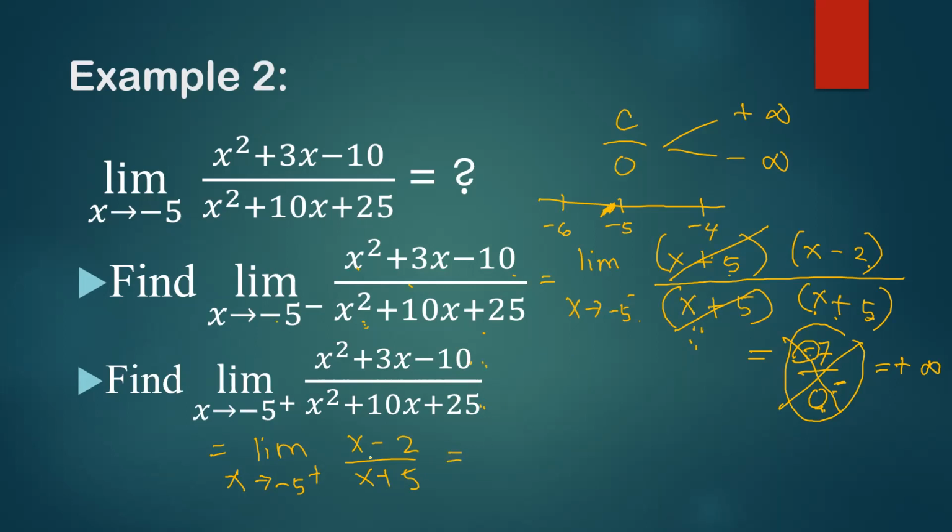So, ang answer natin, negative 7 over 0. This is negative, pero kagaling ka sa right, meron ka ditong negative 4.9, negative 4.99. So, negative 4.9 plus 5, that will be positive. So, negative over positive, this will be negative infinity.